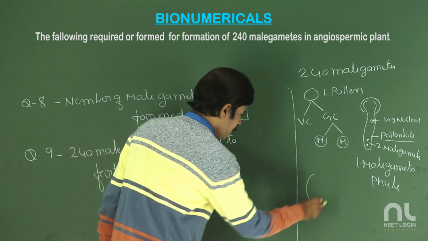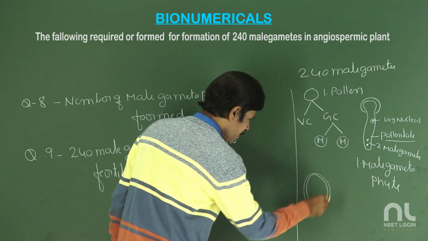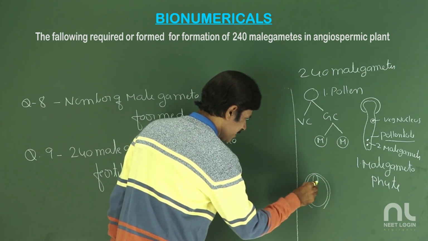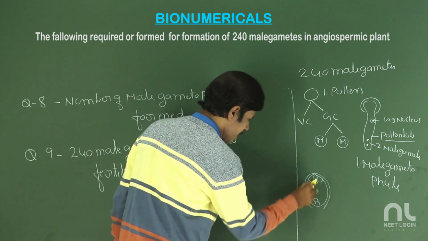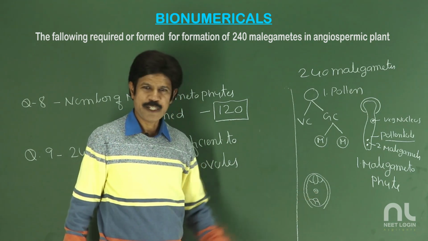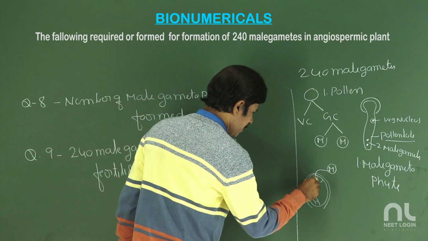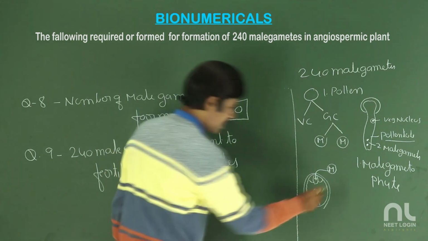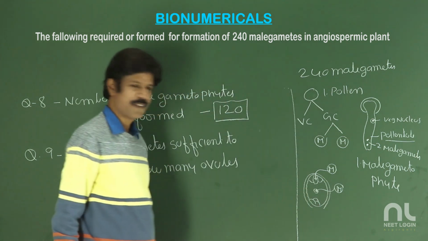So, for each ovule, it develops into an embryo sac, with egg cell, polar nuclei, antipodals. The first male gamete unites with the egg cell. The other male gamete unites with the 2 polar nuclei.